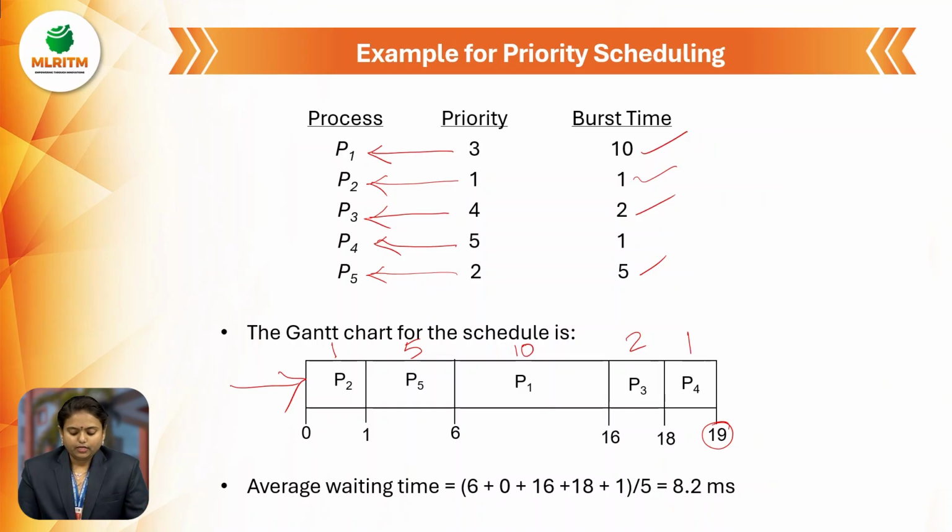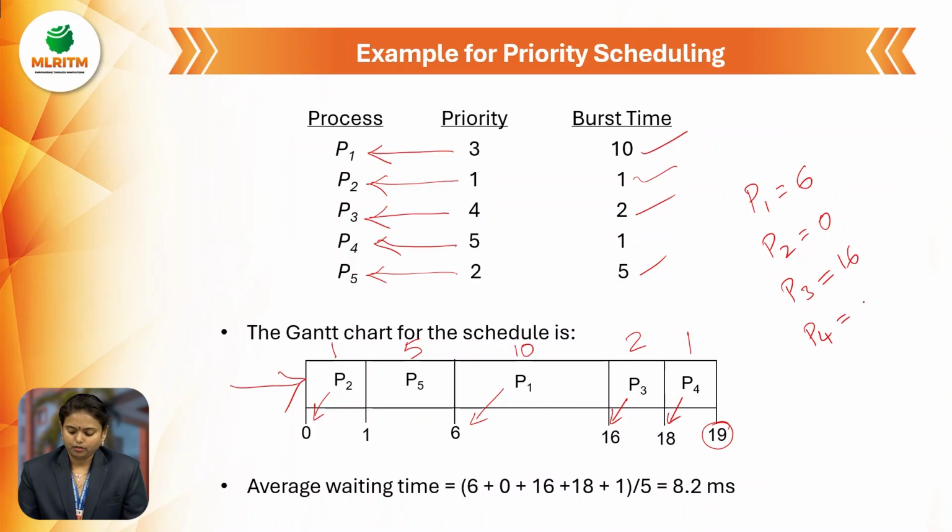Next, the average waiting time. You need to find the waiting times first. P1 has a waiting time of 6. What about P2? Here 0. P3, 16.